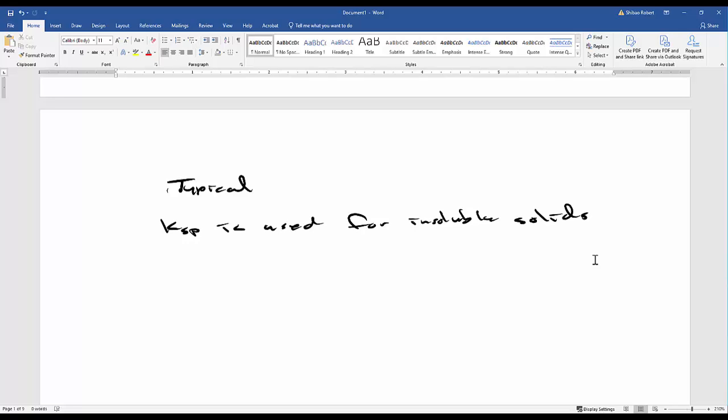So for example, for sodium chloride, we really wouldn't use the KSP topic. KSP is used for insoluble solids, that is, the ones that are less than about 0.1 molar, not soluble solids like sodium chloride, even though it's not miscible.